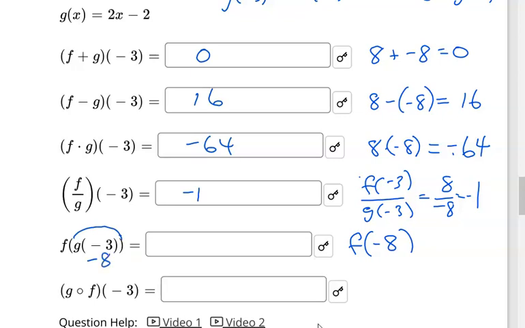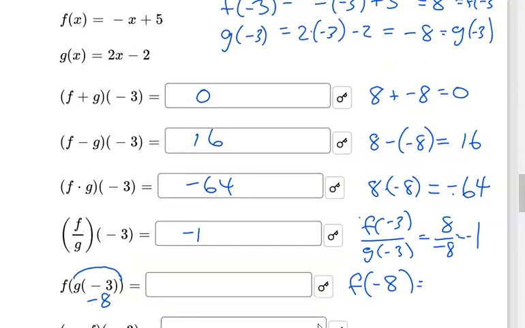So now we're looking for f of negative 8, and that's where I have to recalculate. F is negative its input plus 5. So negative 8 plus 5. Well, that becomes 8 plus 5. That becomes 13.